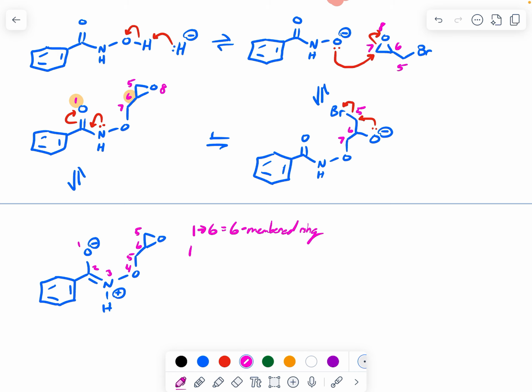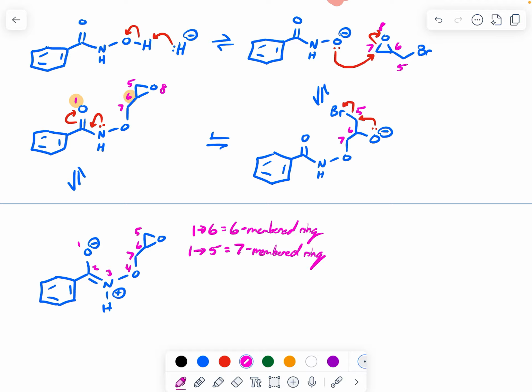However, for 1 to connect to 5, despite it being labeled originally as 5, because this would be actually number 7, despite this being labeled previously as 5, this would actually generate a 7-membered ring due to the weird numbering system that we had not being entirely accurate.